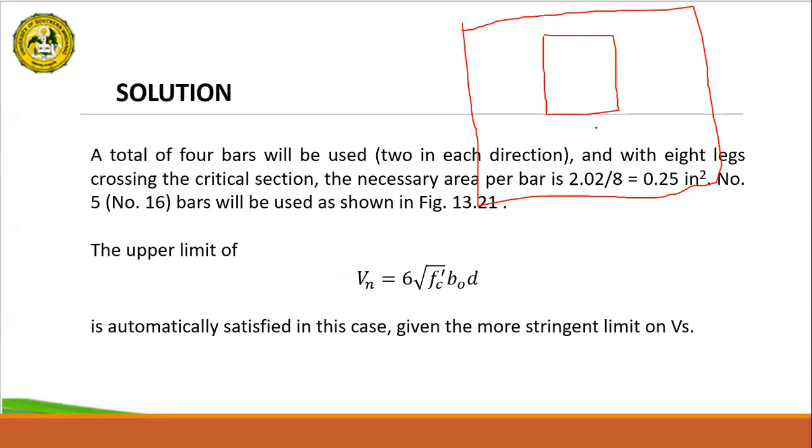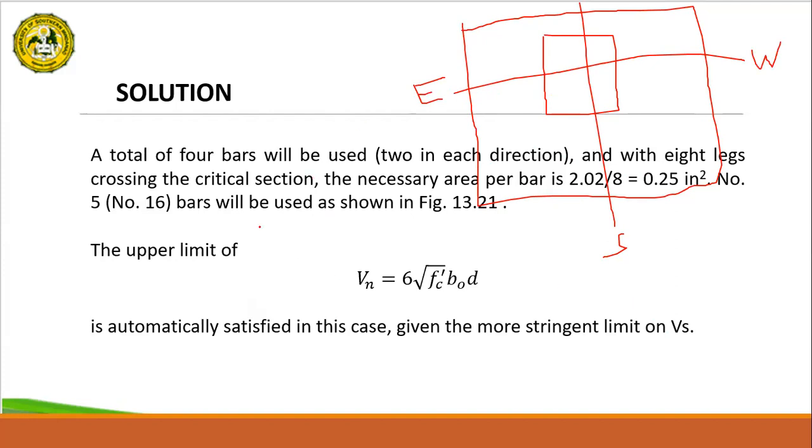Kasi d over 2, d over 2, d over 2, and d over 2. So pinalaki ko lang siya. So we have here for this direction, this north-south, no? Then for this direction is we have east-west. East-west direction. So ito yung ating north-south direction.